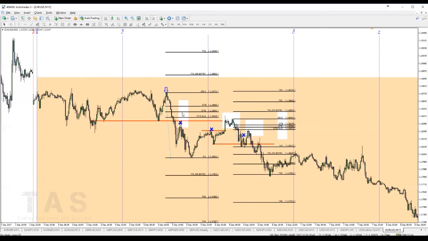Sorry, it wasn't here. So if you missed London, you could have gone with New York. So it really doesn't matter which one. You just try and pick the best one.